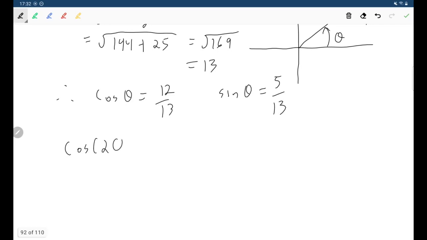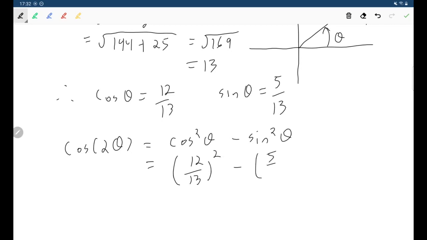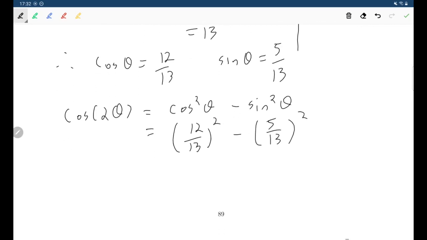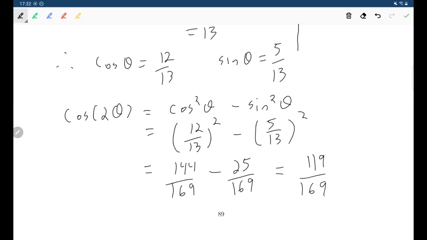Because cosine 2 theta is cosine squared minus sine squared, or 12/13 squared minus 5/13 squared. And then the only thing left for me to do is just evaluate. So 12/13 squared is 144 over 169. 5/13 squared is 25 over 169. And then when I subtract, I get 119 over 169.